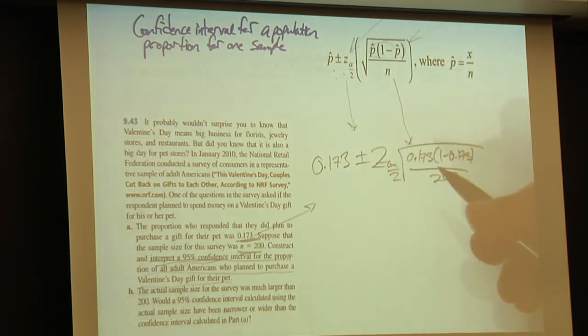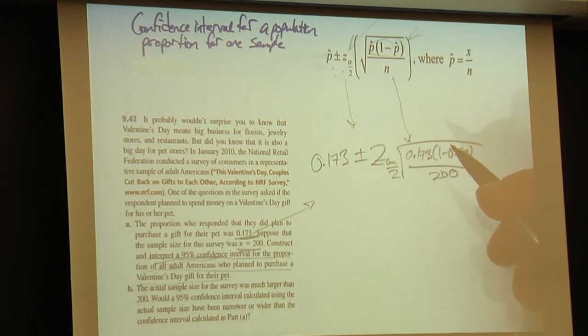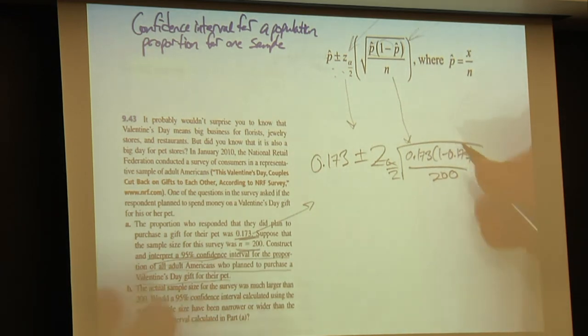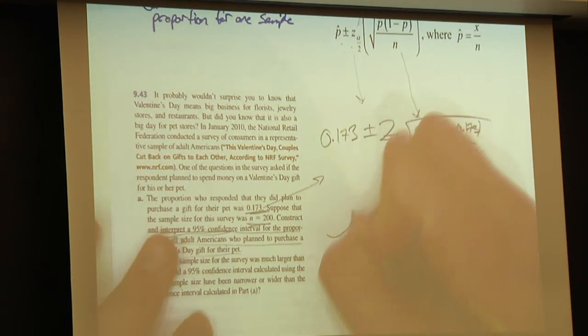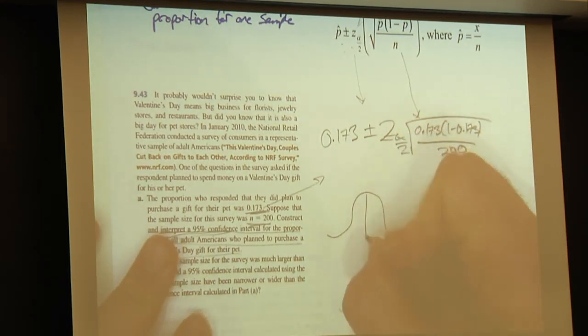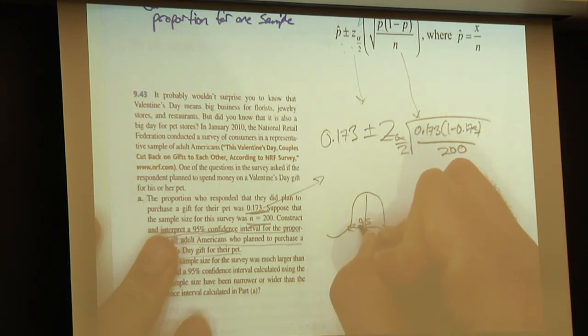And what the z alpha over 2 depends on is our percent confidence. So if we have a 90% confidence interval, obviously a different z alpha over 2 than if we're working with a 95% or any other number. So for 95%, that's the equivalent of drawing something like this, 0 in the middle, and having a range here of 95%, right?